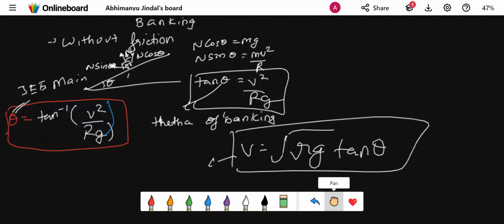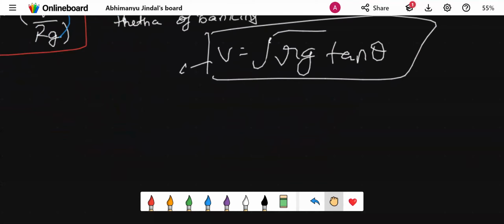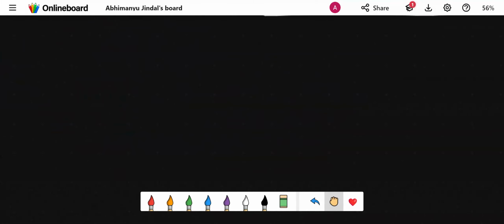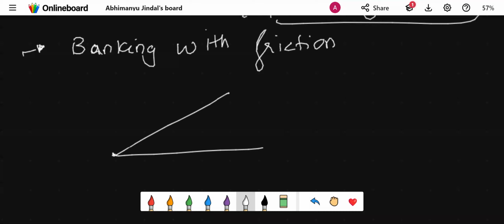Okay, now let's go to banking with friction. It's a little complicated, but you must know this. Let's say this is theta, and there's banking as well as friction.